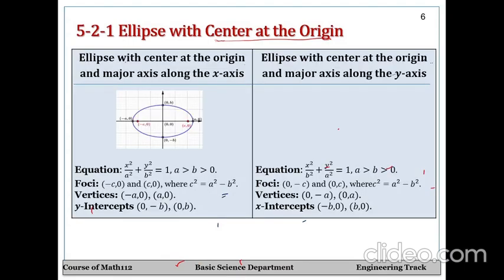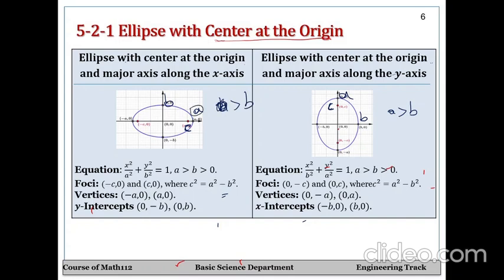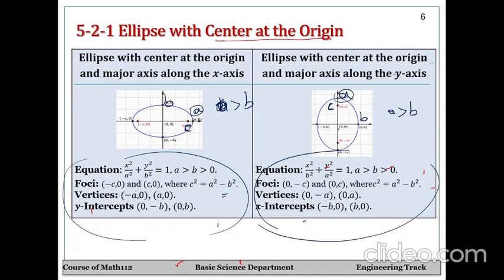Look here. This is A, this is B, this is C. Now here, this one is B, this one is A, and this one is C. Here A is bigger than B, and still A is bigger than B, but this time A is on the x-axis, and here A is on the y-axis. So we say that it is set up this way. You can use this information to set up the equation or the other things.